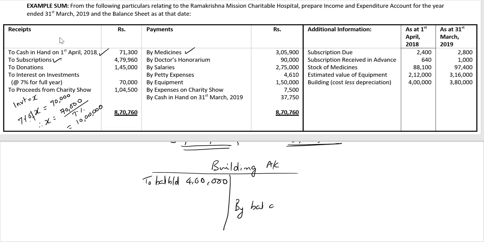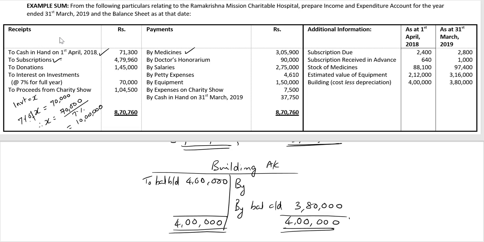Closing balance of building, by balance carried down, 3,80,000 rupees. There are no other items for purchase or sale. We'll balance the account. Greater total 4 lakh rupees, and by depreciation to be taken to the income and expenditure account is 20,000 rupees.